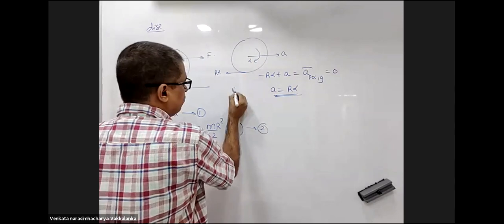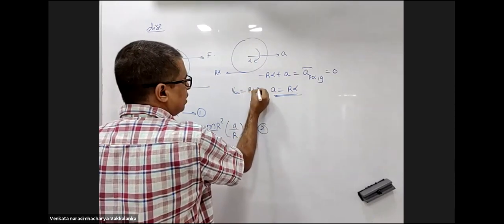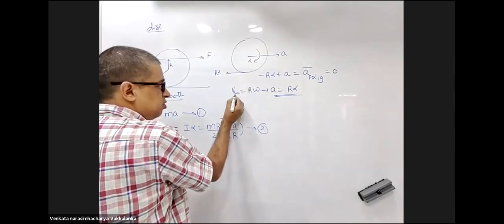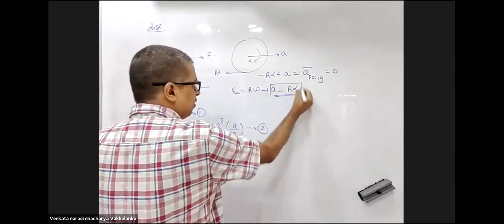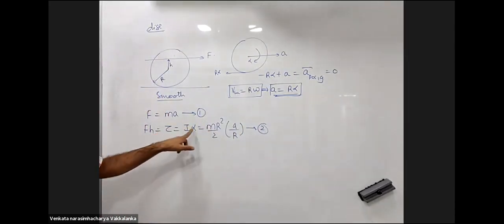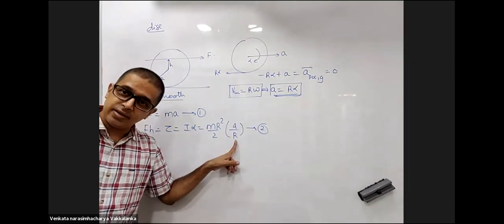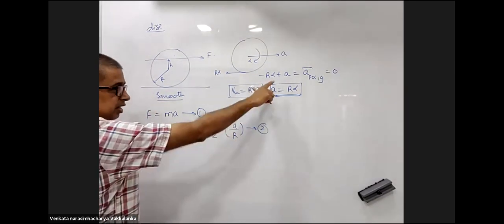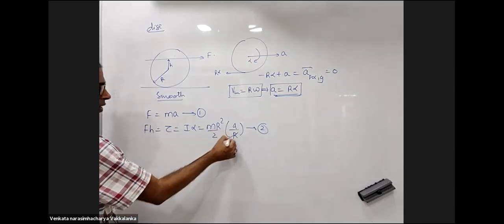Indirectly, you have differentiated VCM equal to R omega. Differentiate this, this is A, this will be alpha. Hence, I substituted alpha as A by R. That means the third equation, the constraint, I directly incorporated here.